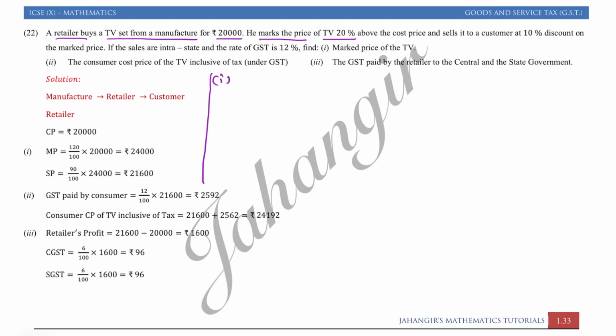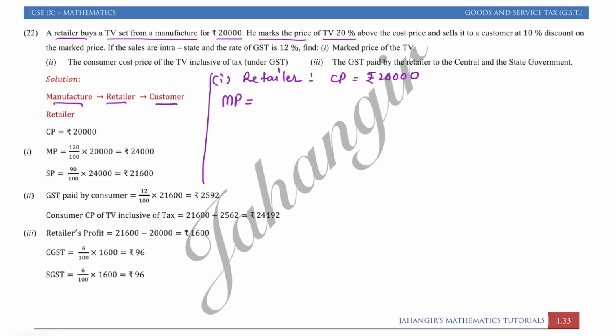So first is, let us write, manufacturer had sold it to retailer, retailer to consumer. Okay, so retailer का if we are considering, retailer का CP is rupees 20,000 and MP he marked the price 20% above cost price to just show the customer an increased price.